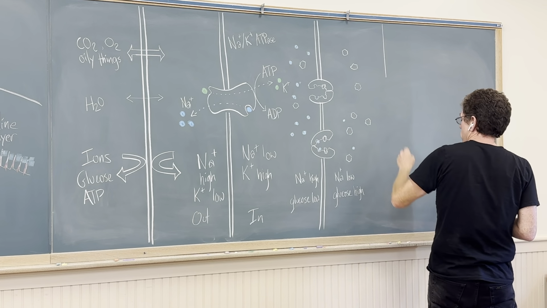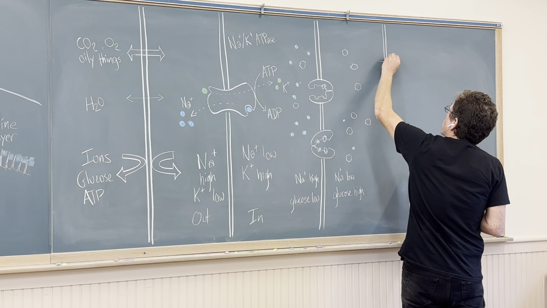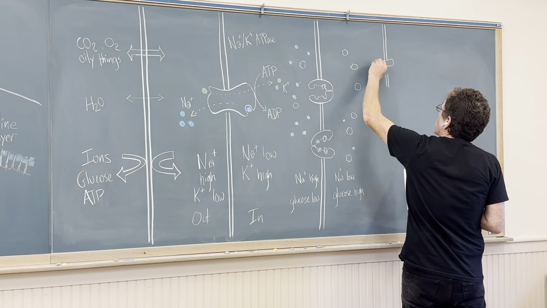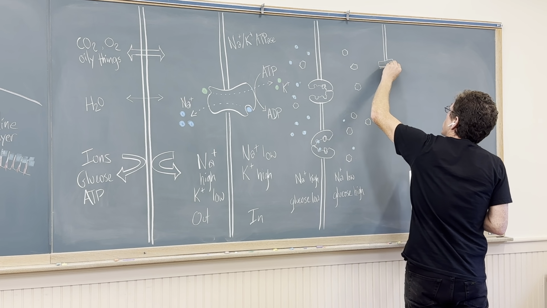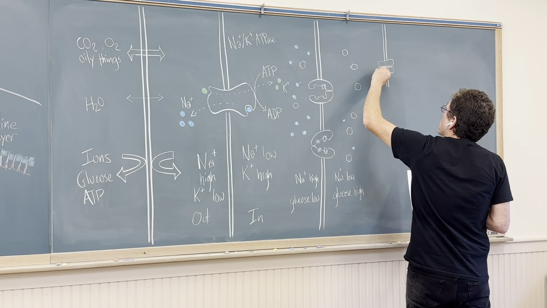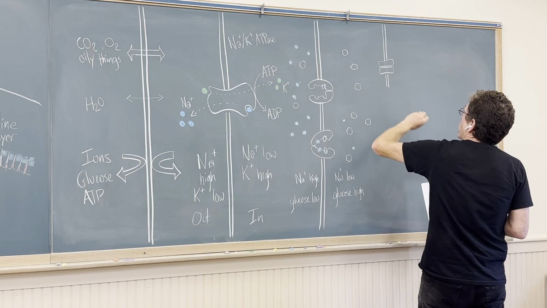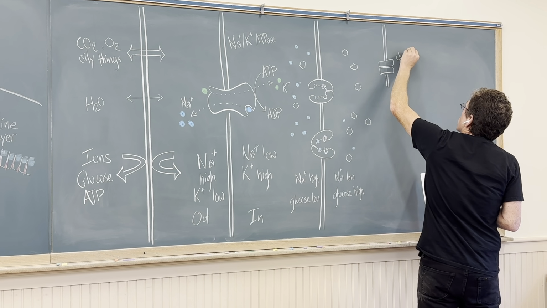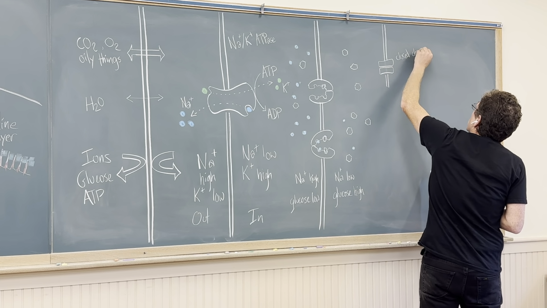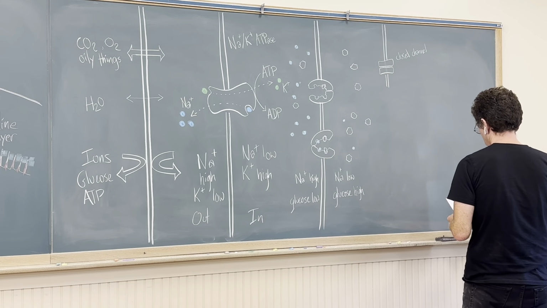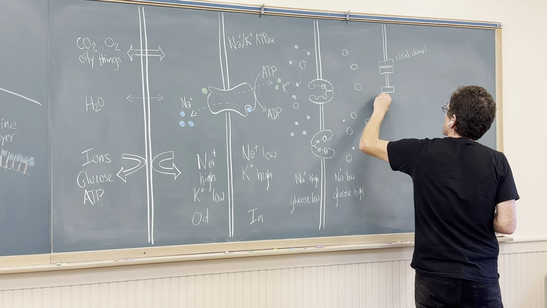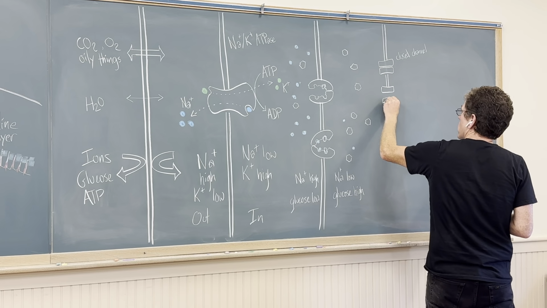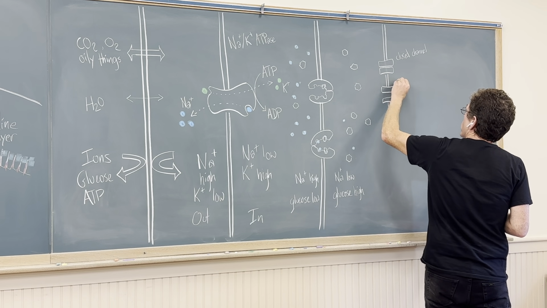The key channels of interest here are ion selective channels, especially ones that are gated by voltage or by ligands. Of course, that's an easy icon for a closed channel. Here we have an open channel.